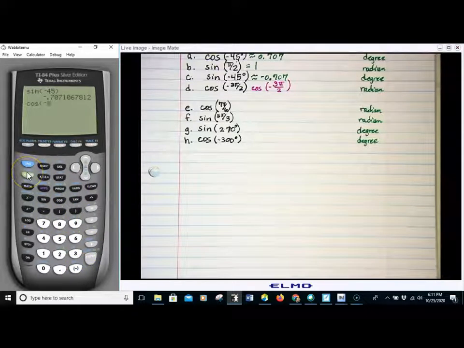For those that don't know it, we can do fractions in here too. We can do alpha y equals, hit enter there, number 1, enter. So we do 3 pi. Second and the caret button is your pi. So second and caret divided by 2. We're going to close the parenthesis there, hit enter, and we get 0.